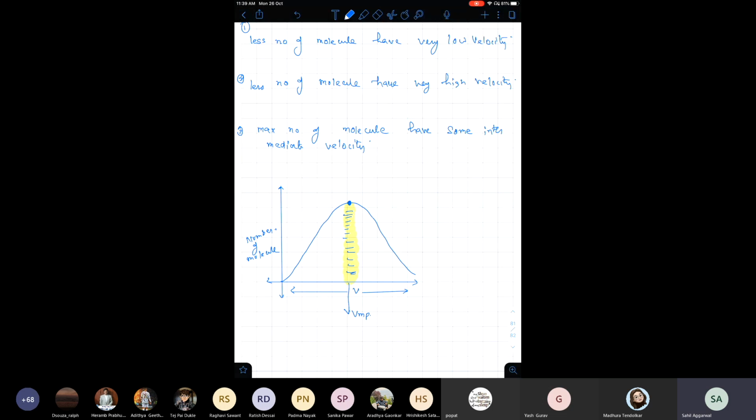And some velocity which is higher than most probable velocity must be average velocity. Average velocity ज्यादा होती है most probable velocity से. And root mean square velocity is even higher.